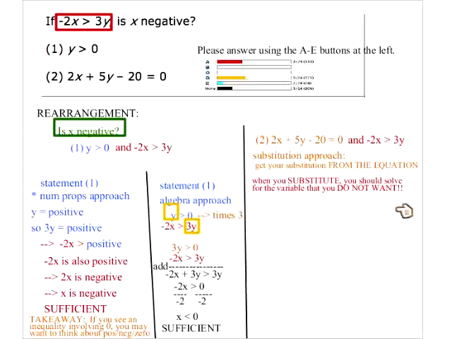Because remember, when you substitute, what you're doing is you're getting an expression that you're going to plug in for and make that variable go away. So we want, okay, I'm confused. We do not want y because the question is about x. So rewind, sorry, the last 30 seconds didn't happen. Okay, the question is about x, so we don't want y, sorry for the confusion.